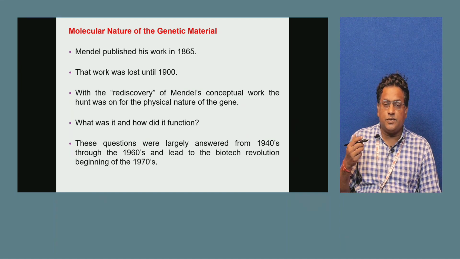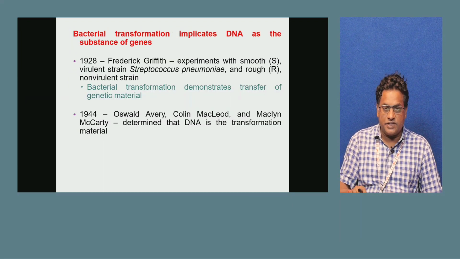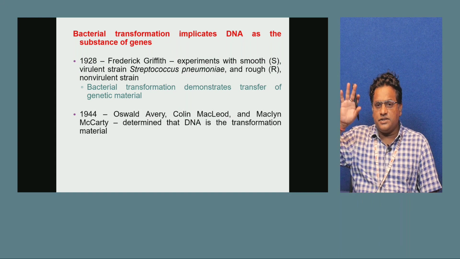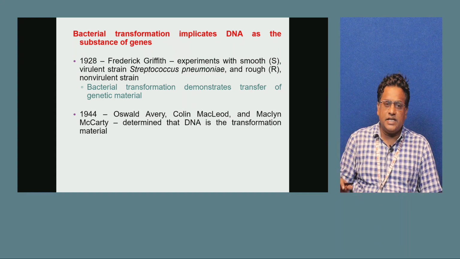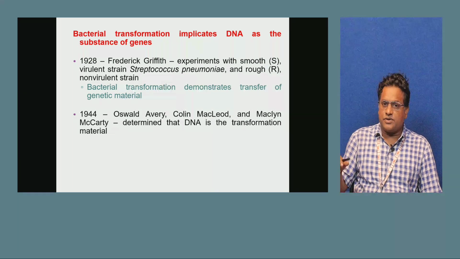This question was really pursued in the late 1940s and 1960s, and then the biotech revolution started in 1970 and so on. It all started way back in 1928, when Frederick Griffith was working with a Streptococcus pneumoniae strain.